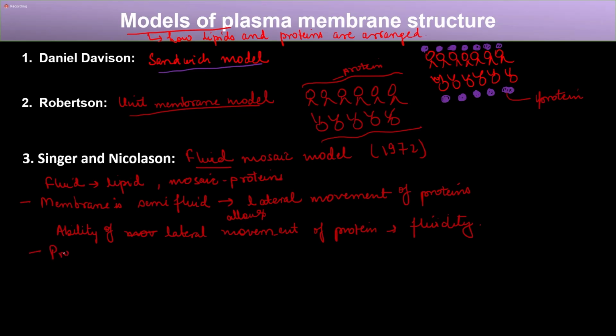Because of this, proteins are called icebergs that float on a sea of lipid. So this is what Singer and Nicolson gave as the fluid mosaic model.